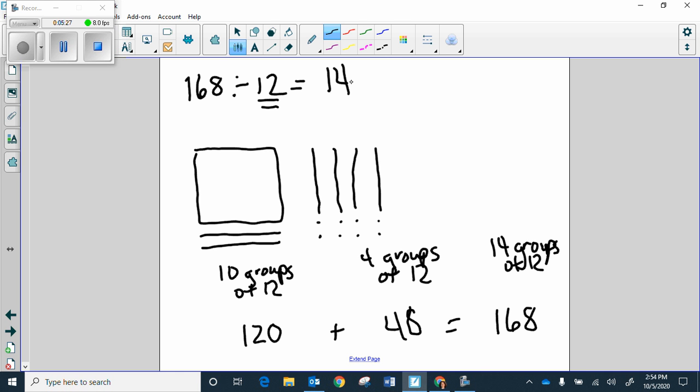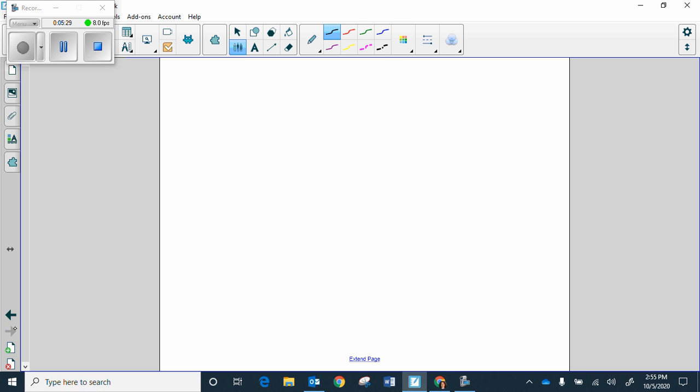Go ahead and copy the next problem onto your paper. 154 divided by 14. With your elbow partner, start working on your quick pick, pause the video, and then come on back. To represent 154, I'll start with a flat.